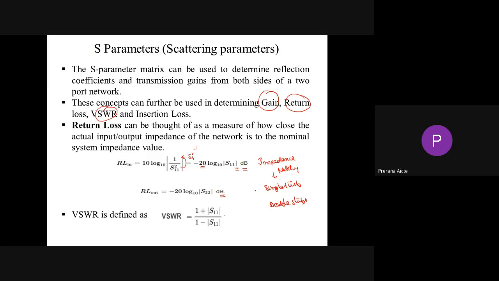These stubs are inserted at distances of D1 and D2 from the load. The lengths of the stubs are L1 and L2.